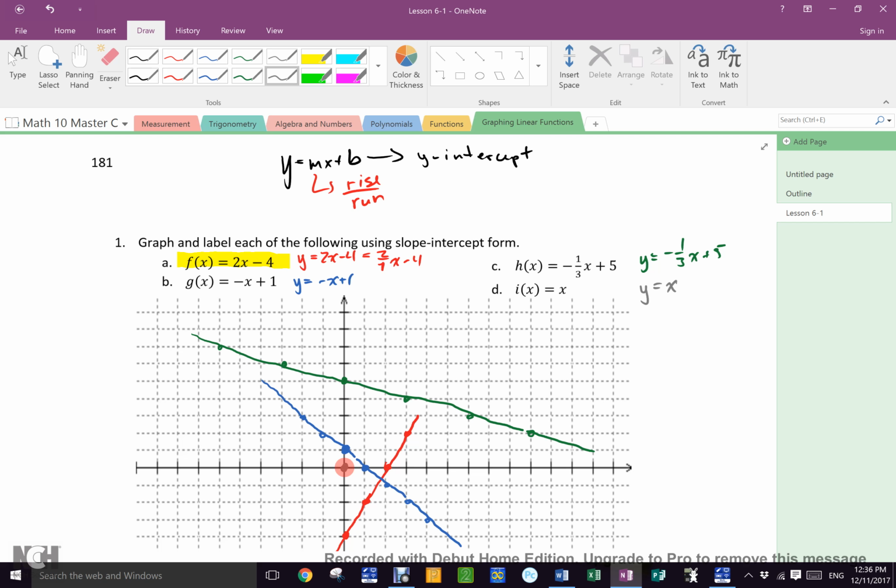So I go up 1 and right 1. Could I go up 10 and right 10? Why? Because 10 divided by 10 is what? 1. Could I go up 1,000,000 and right 1,000,000? If I wanted to, if I had a big enough piece of paper. Could I go down 3 and left 3? Sure.